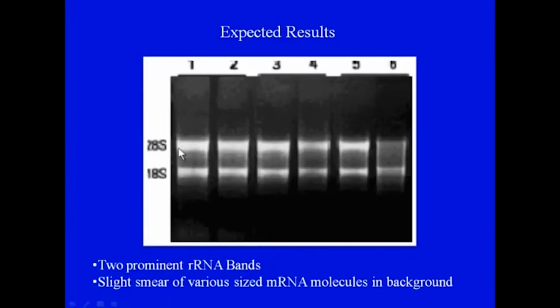RNA samples could be heated up to 65 degrees Celsius for 5 minutes prior to electrophoresis, and it could be run, and you can obtain the results in this form, where mostly what you see is two prominent rRNA bands, which are 28S and 18S RNA, and then there is a slight smear of various sized mRNA molecules that could be seen in the background. So, this is how RNA electrophoresis can be done.